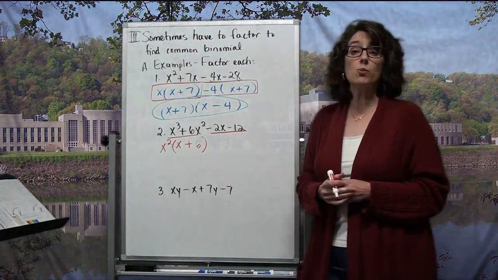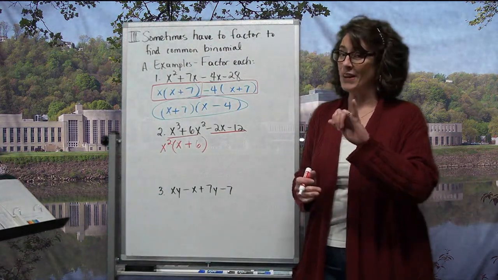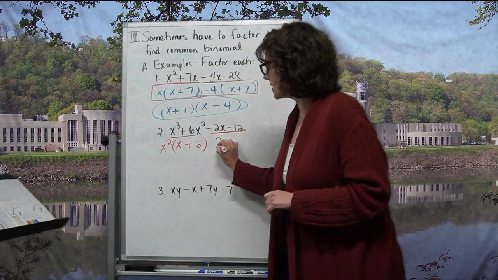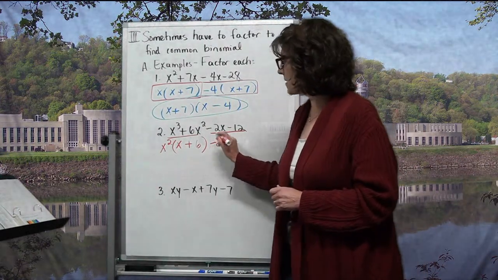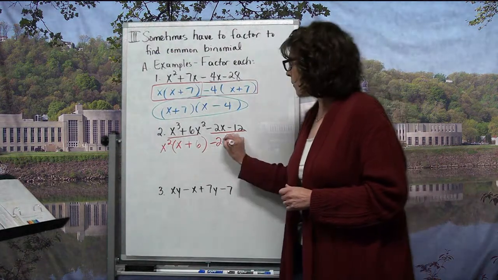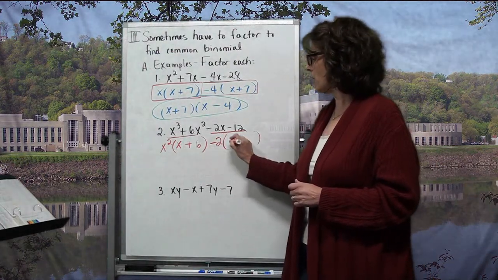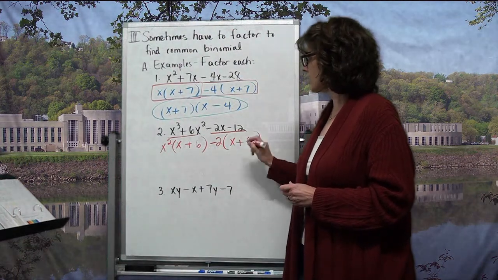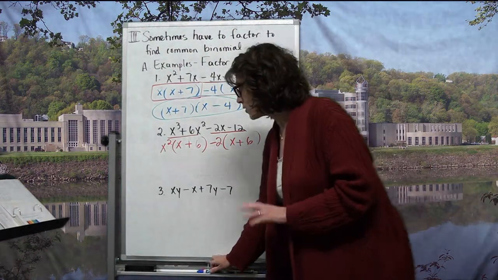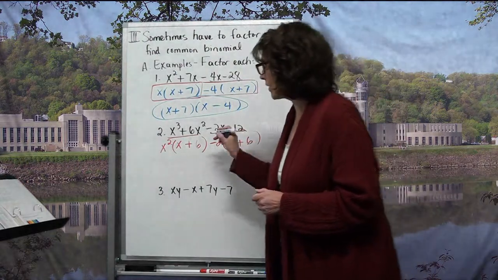Now as I look at these, what's common to both? Aha, we're getting smart. We're saying, sure, we can take a 2 out, but I bet we take the negative with it, because that's what we saw back here. Now, when I divide this one by negative 2, I'm left with x. Negative 12 divided by negative 2 is a positive 6. So there are, in fact, those funky looking terms that I was looking for.